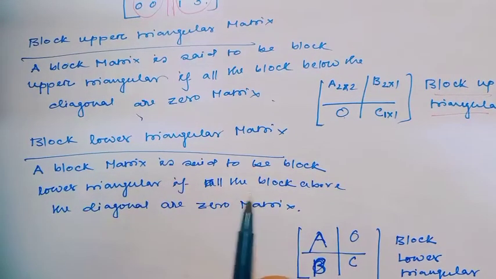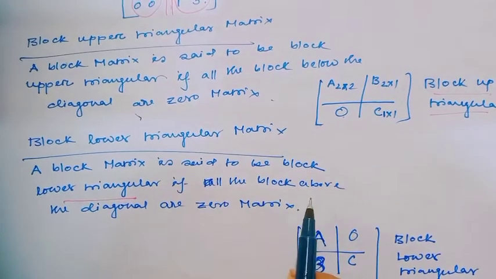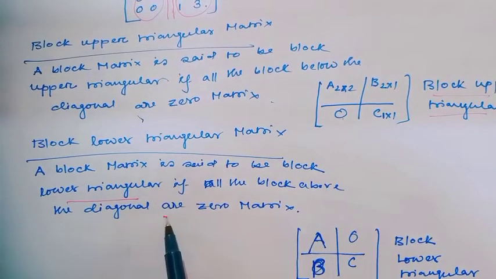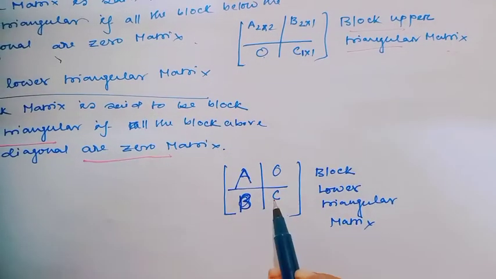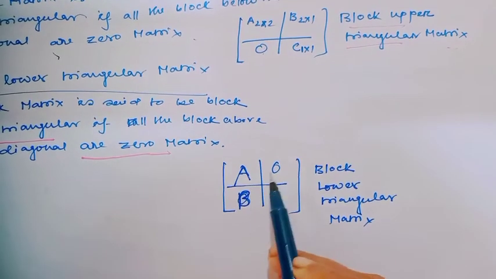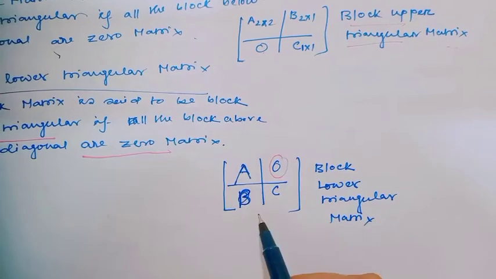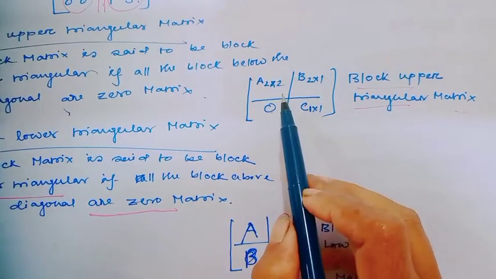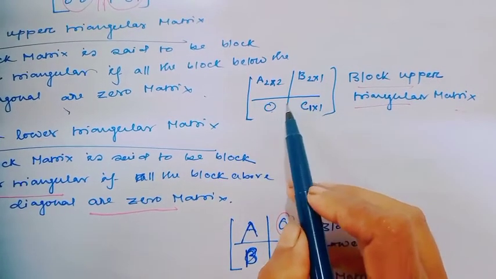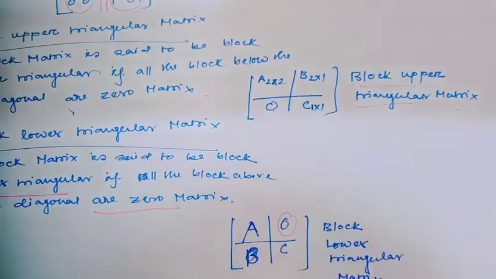A block matrix is said to be block lower triangular if all the blocks above the diagonal are 0 matrix, and this is the block lower triangular matrix. Here notice, all the blocks above the diagonal are 0 matrix. Here this is the block upper triangular matrix. Notice here all the blocks below the diagonal are 0 matrix. Have you understood this block matrix?